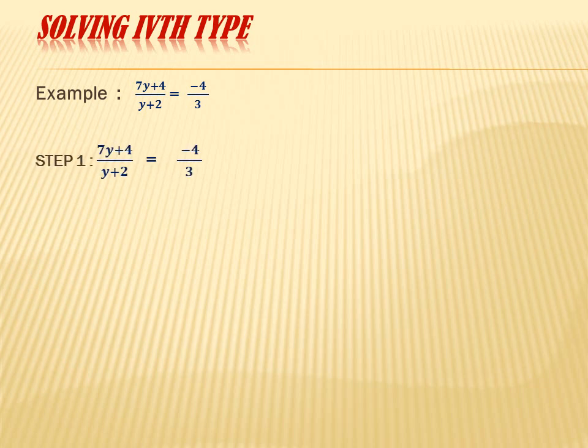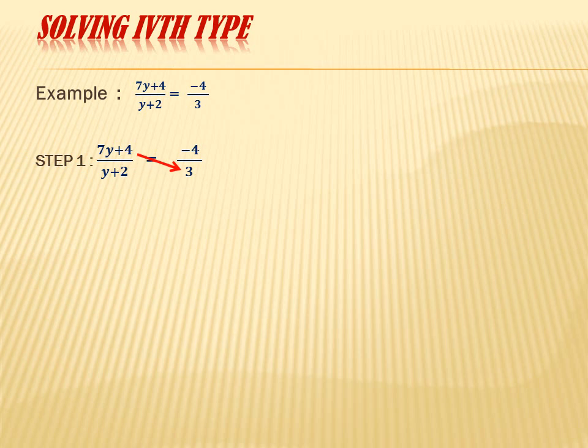In the very next step, what are we going to do? We are going to apply a new method that I am going to introduce here, and that is cross multiplication. It says that when a by b is equal to c by d, then the diagonal terms can be multiplied and their product will be equal.